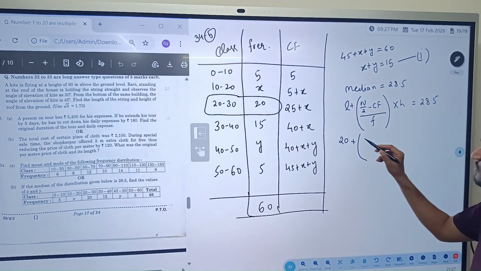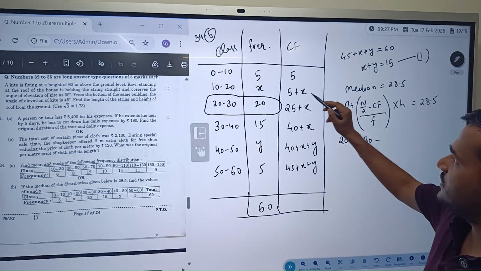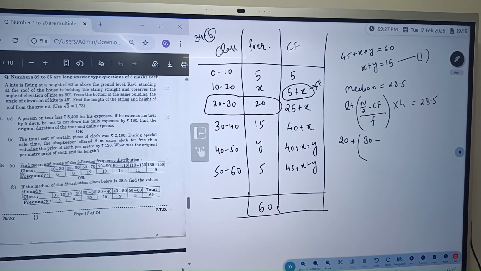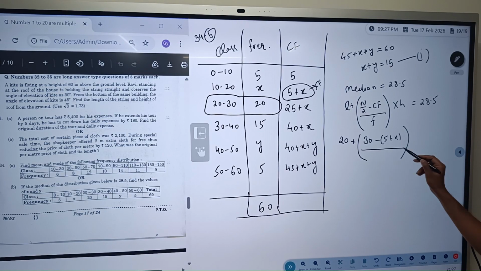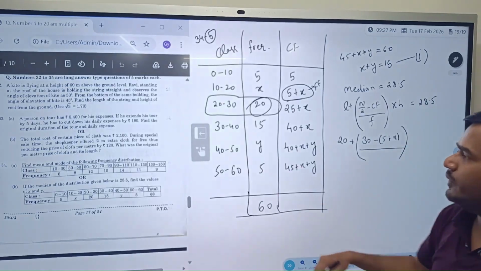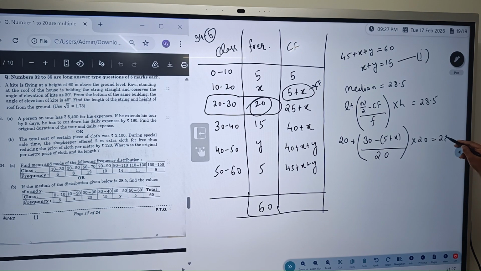So 60 by 2, that is 30, minus Cf. Cf is the cumulative frequency of the class preceding to median class. So that is 5 plus x upon f. Here f is the frequency of median class, that is 20, into h.